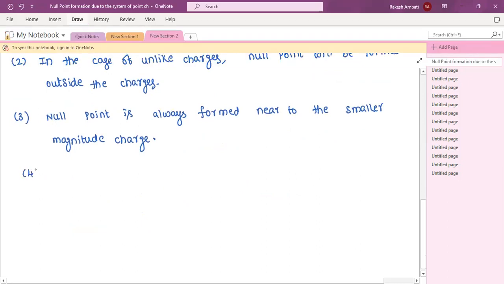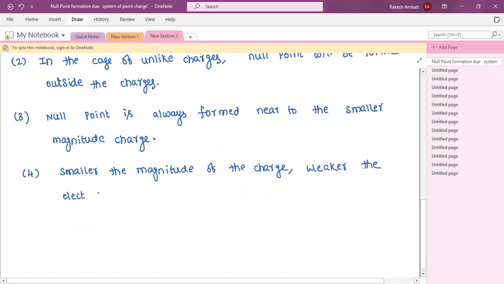Next, fourth point. Smaller the magnitude of the charge, weaker the electric field intensity.